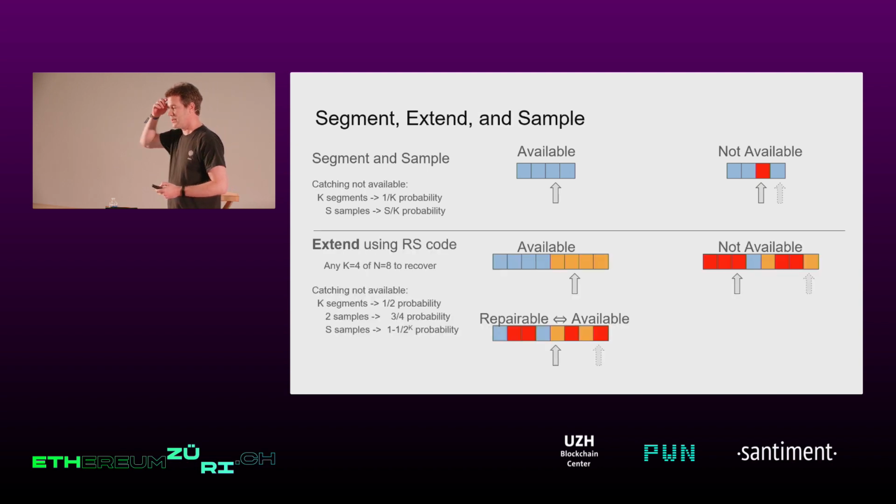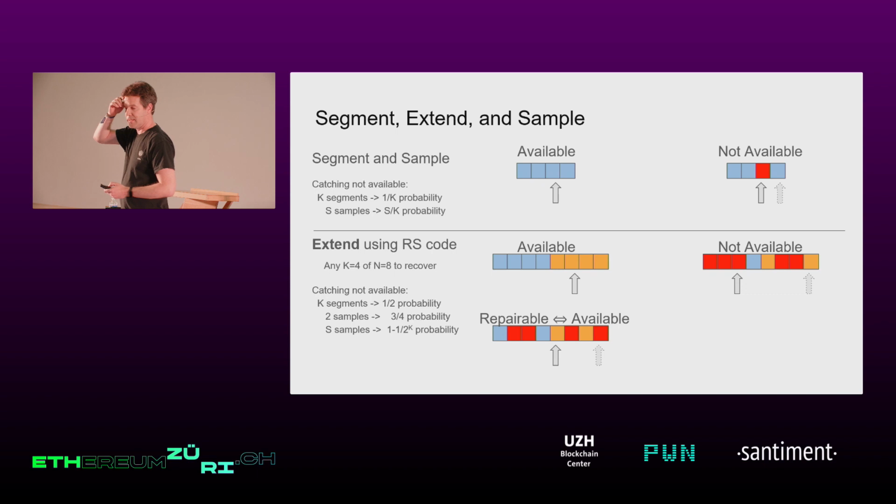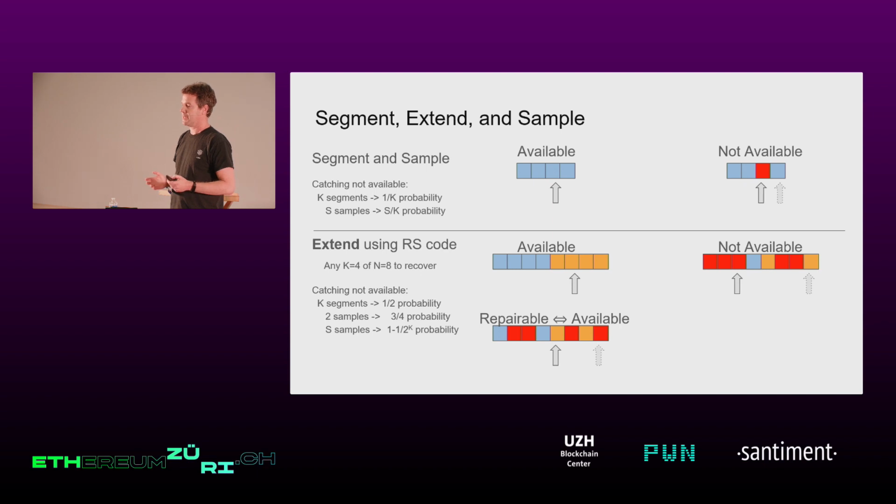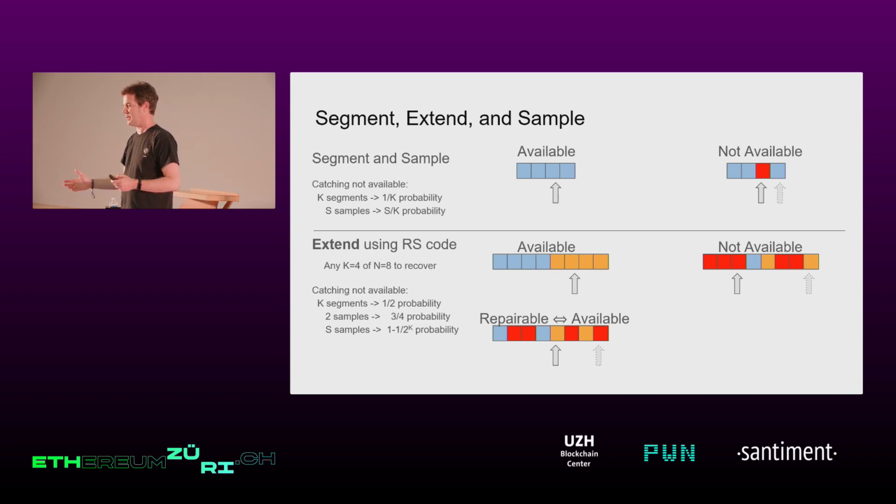So what you do is you extend the code. You use Reed-Solomon encoding, erasure coding, and you extend the data. Reed-Solomon encoding has the basic property that if any k, in this example 4, of the extended 8 pieces are available, then you can reconstruct the data.